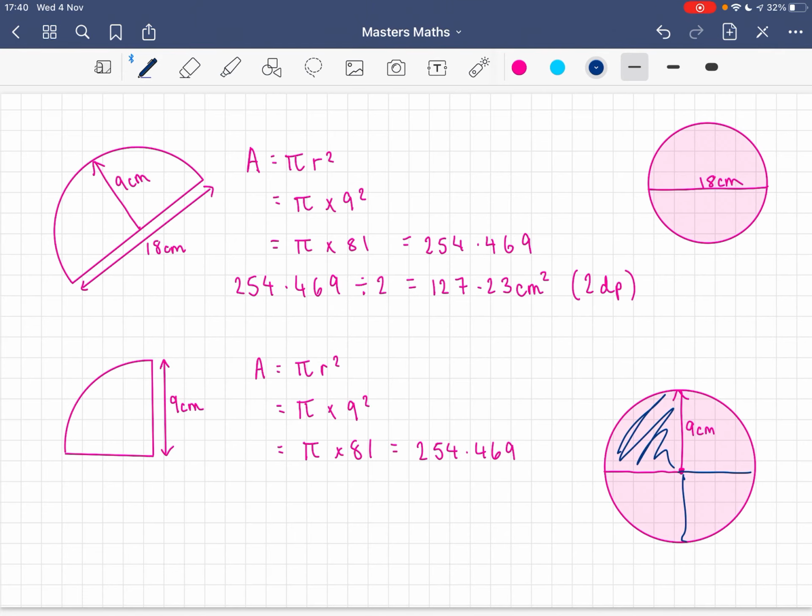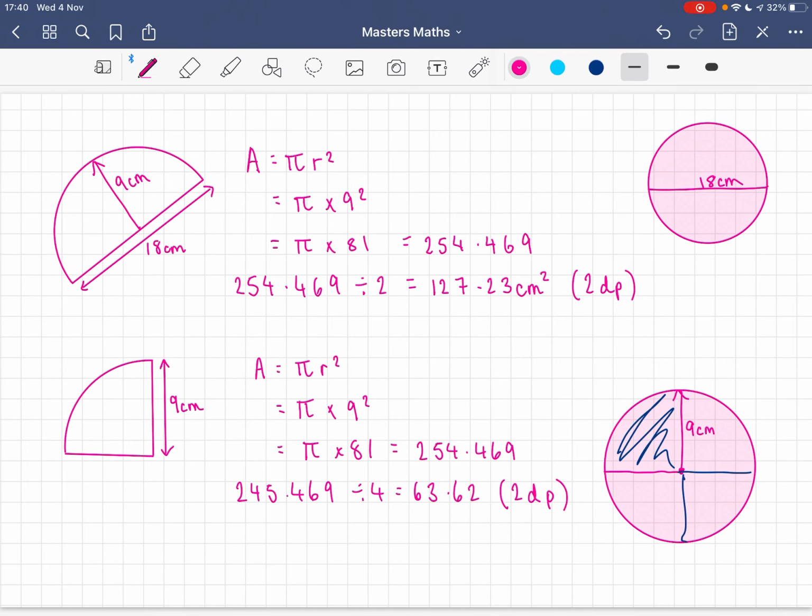So I'm going to divide that number by 4, which gives me 63.62 to 2 decimal places. So I've taken that 254.469, I've divided it by 4 this time, gives me 63.62, and that is to 2 decimal places.